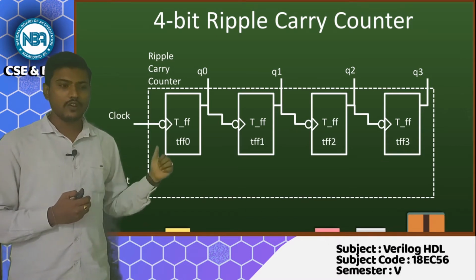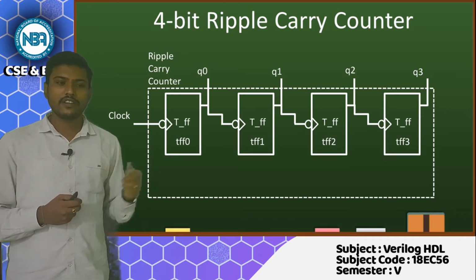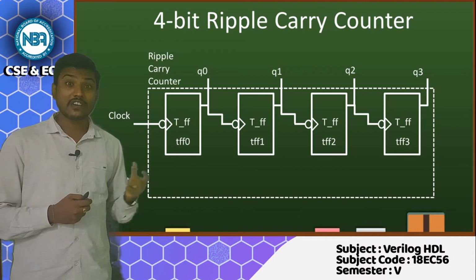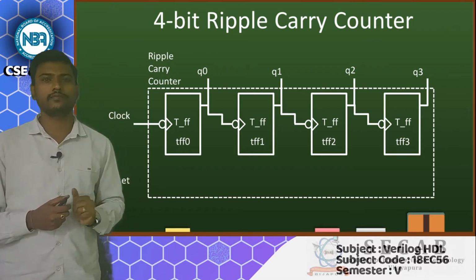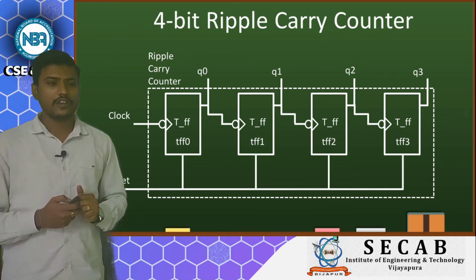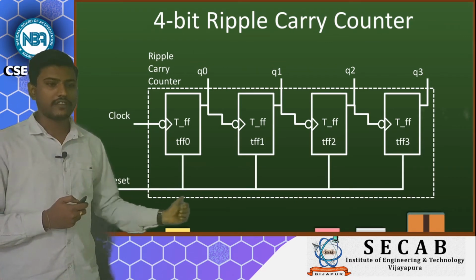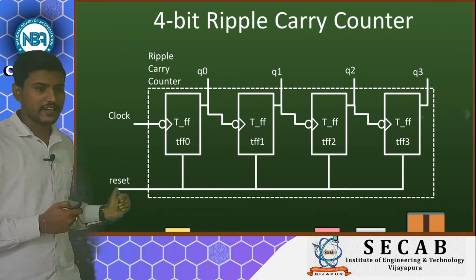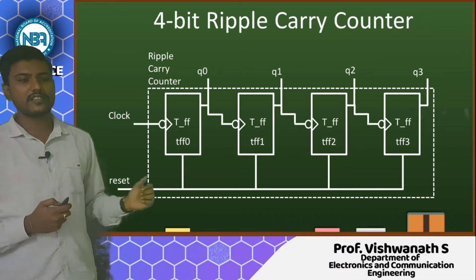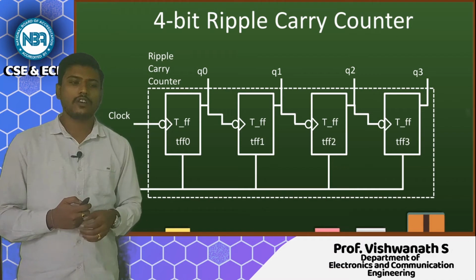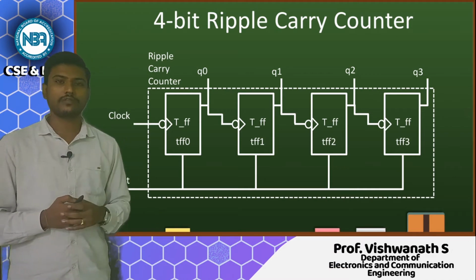So, this flip flop will turn on only at the negative edge of the clock. Now, we have given a reset signal. Since I have not put any bar here, this is a positive or active high reset.